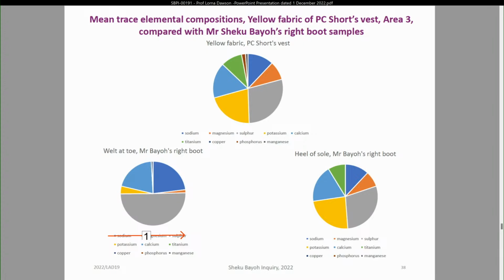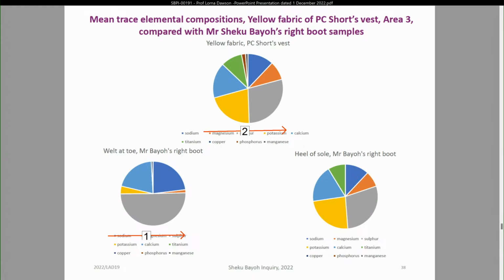It's got a different composition, much more of sulfur within it and much less of the magnesium, the soil-bearing elements in it compared to the Area 3 PC Short's vest.